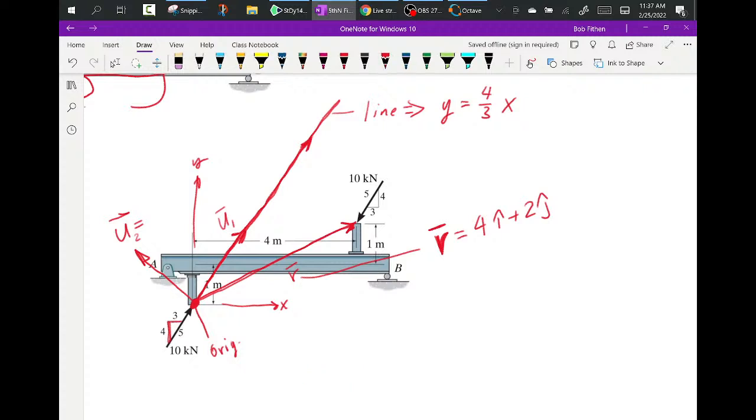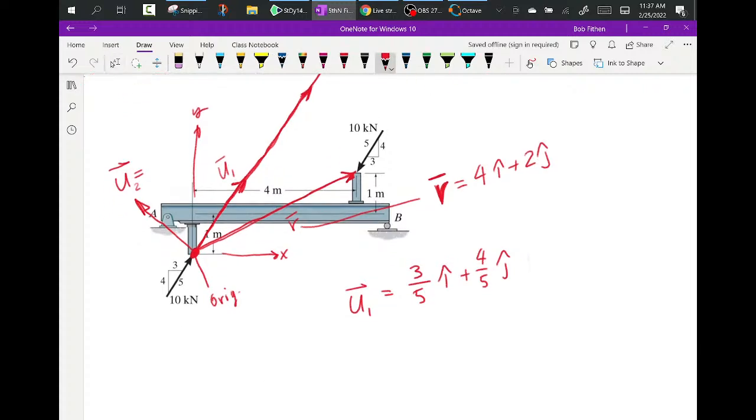So here, let's go back and figure out unit 1. It moves to the x of 3/5 i plus 4/5 of j. In other words, I'm using the 3/5 to the right and 4/5 up.